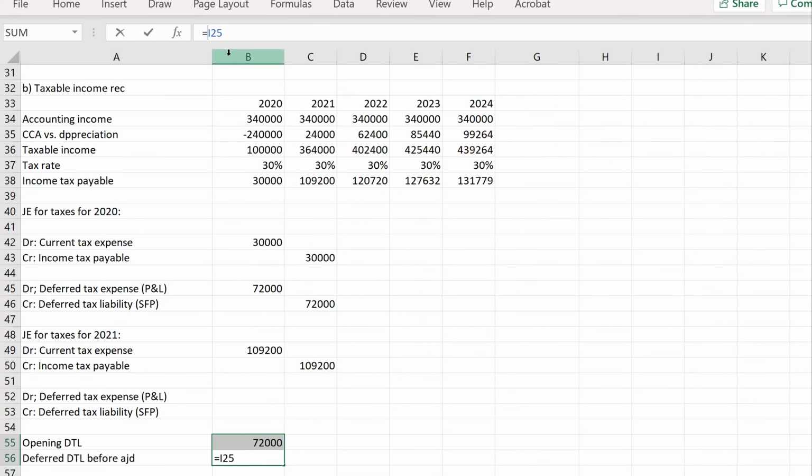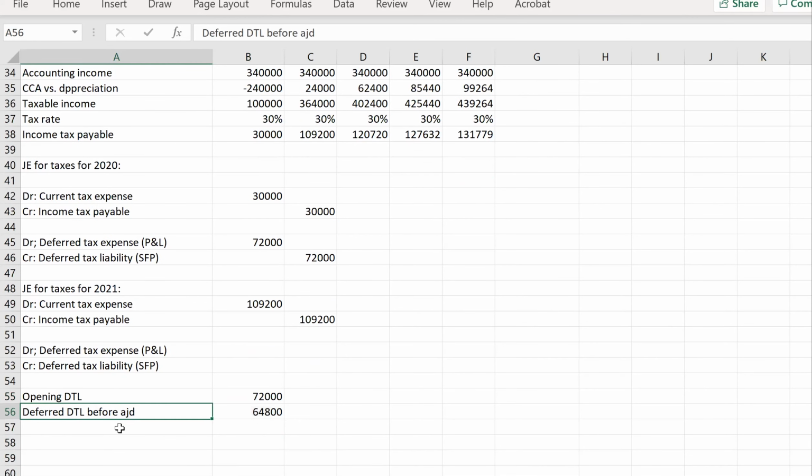That's what we want it to be. So then we're going to have the change required in the account, which is going to be 72,000 minus what's in there. So we want it to have a balance of 64,800. It already has a balance of 72. So we need it to have a balance now of 7,200 less than what it had before.